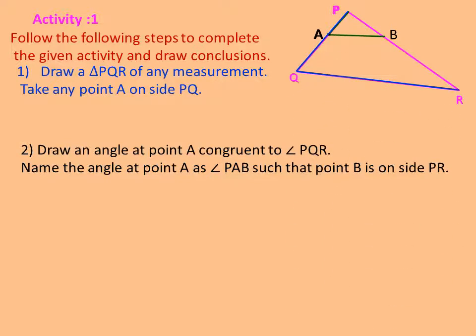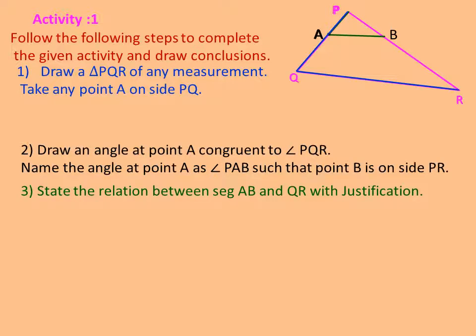I hope you know how to construct an angle congruent to a given angle without using a protractor. The video is given to you simultaneously. You can watch that and then perform this step on the triangle. So when you draw angle PAB congruent to PQR, B will be a point lying on side PR, as shown in the figure.